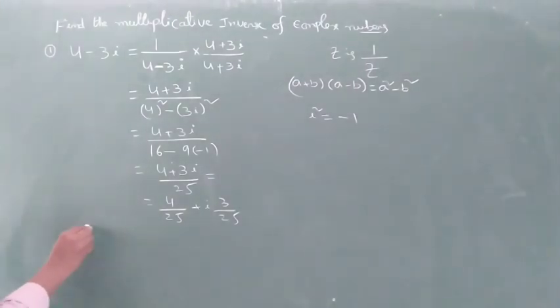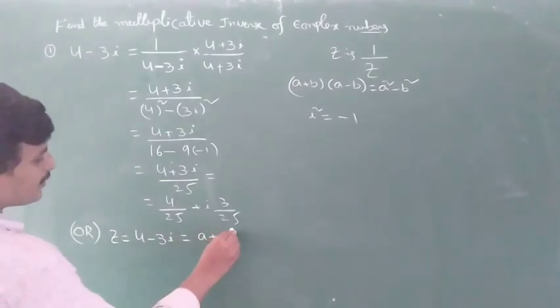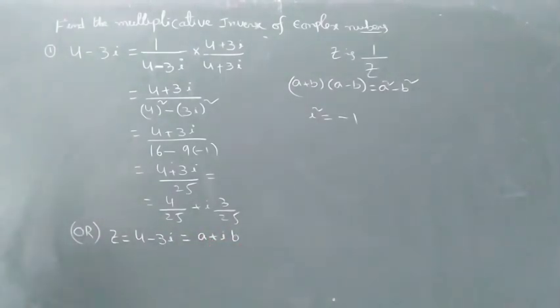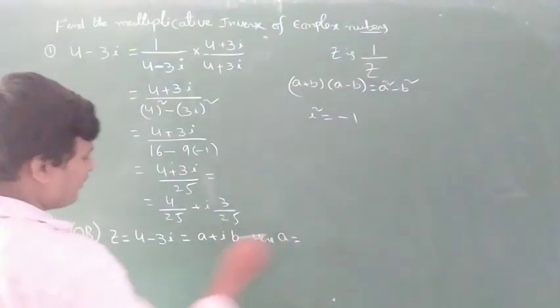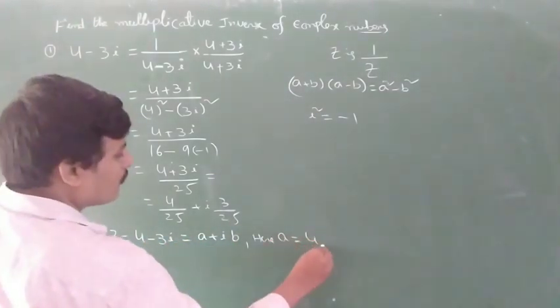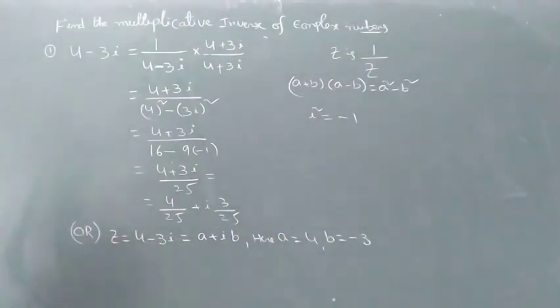Now the direct formula. Here z is equal to 4 minus 3i. Comparing with a plus ib, here what is a? a is equal to 4, b is equal to minus 3. What is the formula?